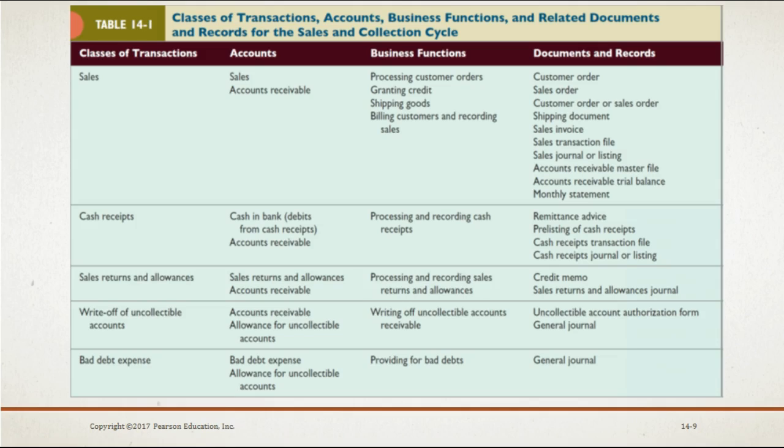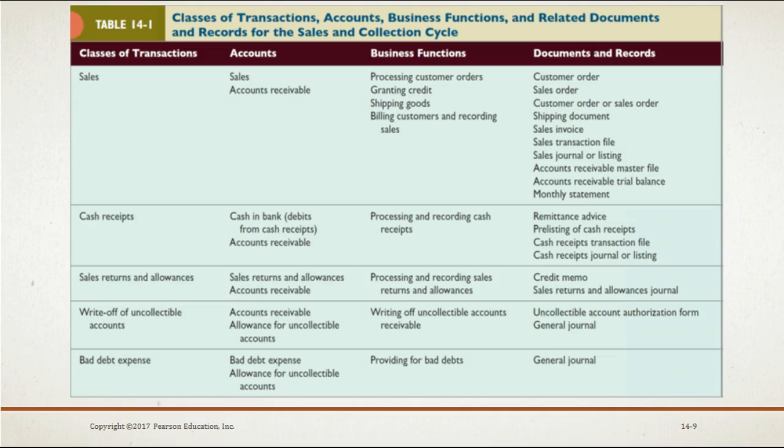Table 14-1 shows the 8 business functions for the sales and collection cycle, which is shown in the 3rd column of the table. They occur in every business in the recording of the 5 classes of transactions in the sales and collection cycle.